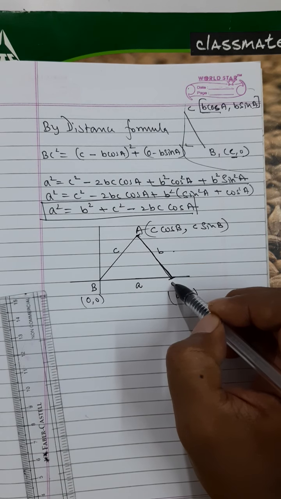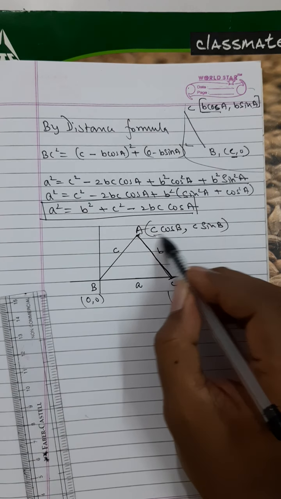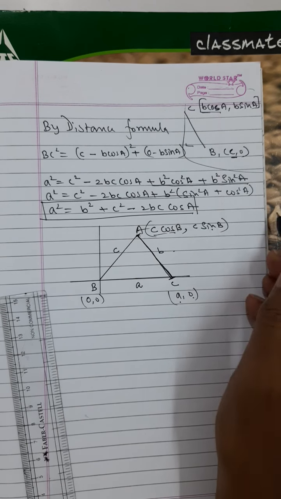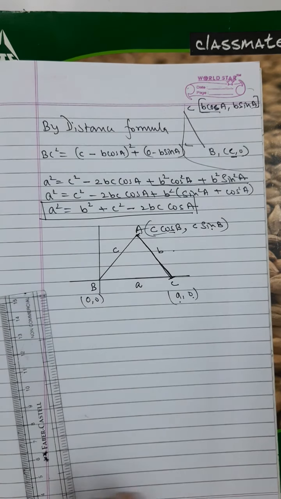AC square is equal to (a minus c cos B) the whole square plus (0 minus c sin B) the whole square. Solve that, you will get b square.